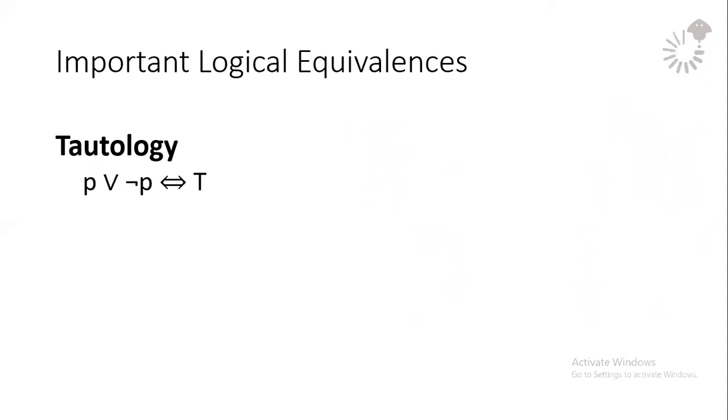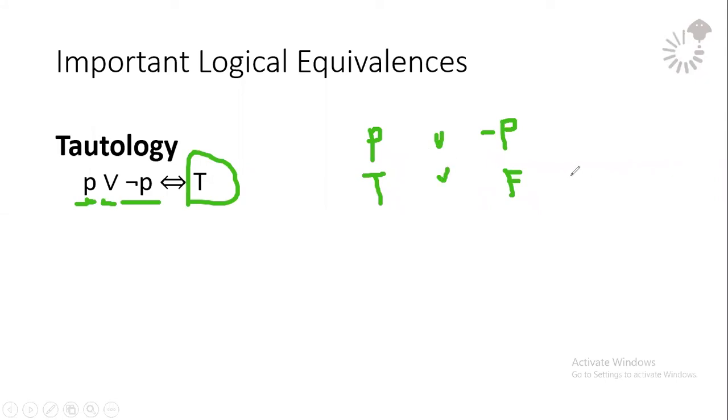Tautology. For tautology, anything that you disjunct with its negative self, the answer is true. A statement disjunction negative statement is equivalent to true. So if P is true, negative P is false, and true or false is true.